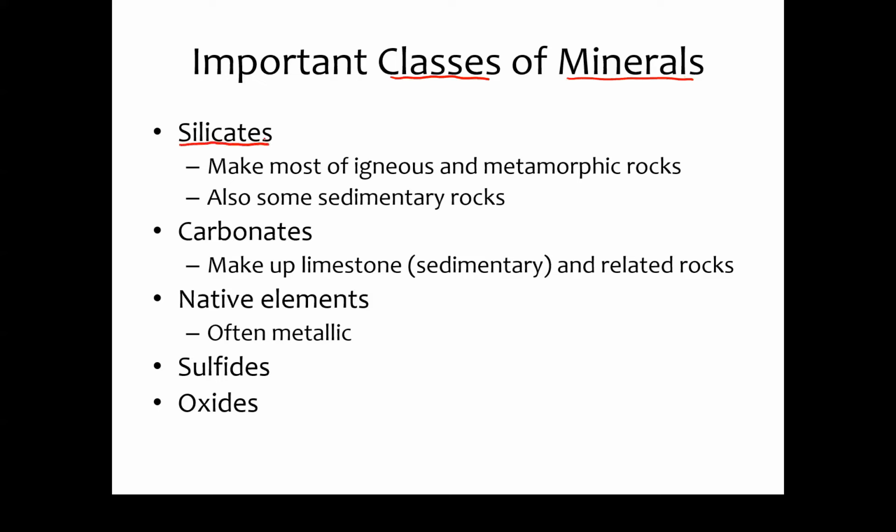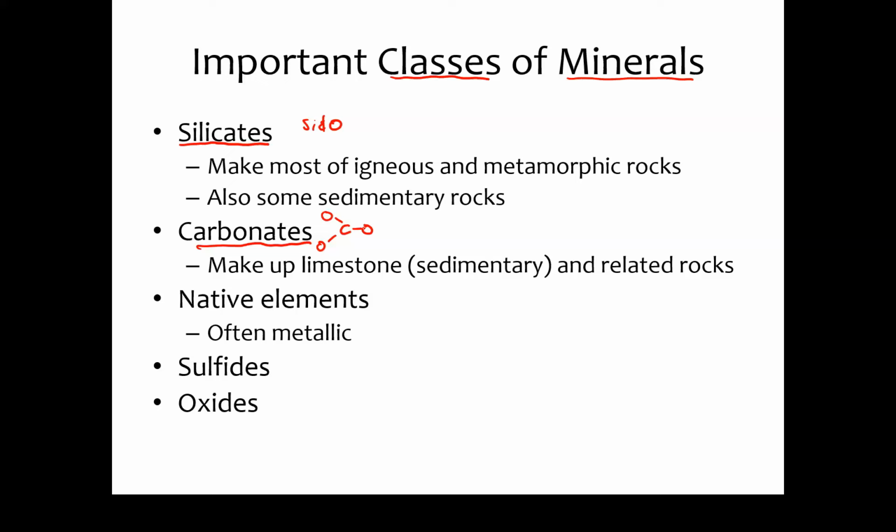So silicates are made partially of silicon and oxygen in those silicate tetrahedra that we already saw. Carbonates are a type of mineral that has carbon bound to oxygen in these triangle shapes. This is not complex enough for us to call carbonates organic because the only bonds carbon has is to oxygen.